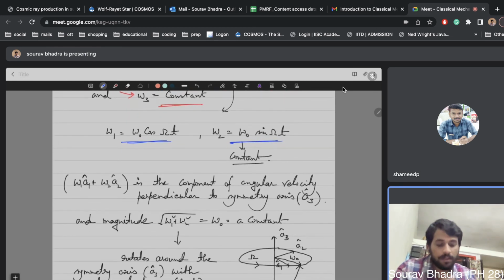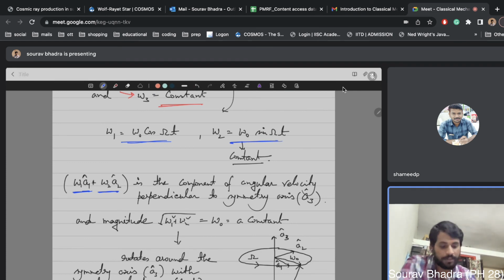So the vector which can be formed by combining omega 1 a1 and omega 2 a2. Please note that in this expression there is no a3 component. Okay, so a1 cap and a2 cap are the two directions which are perpendicular to the symmetry axis of the system.